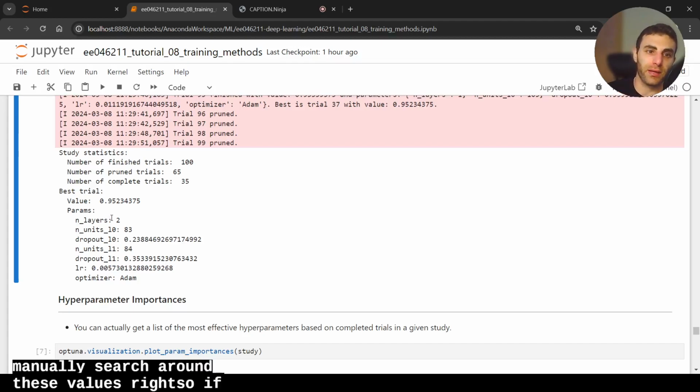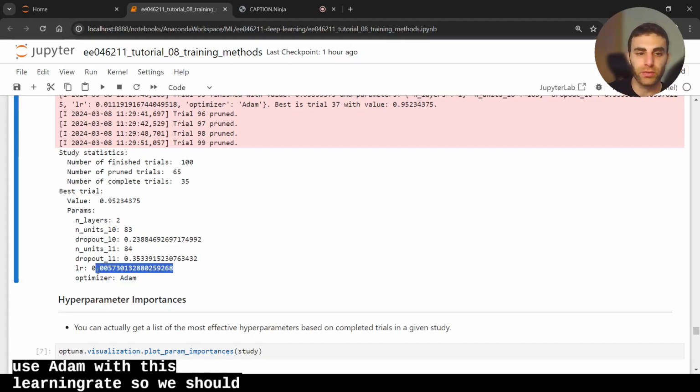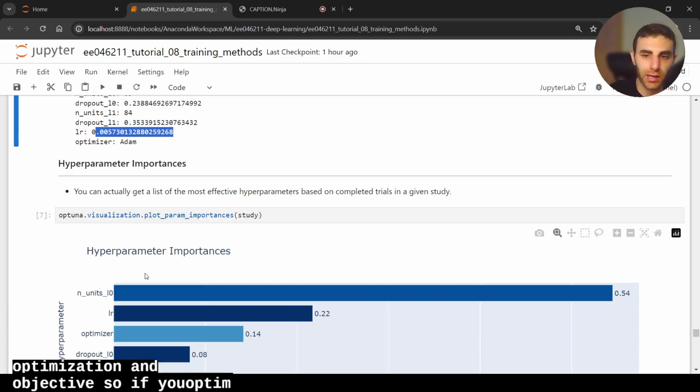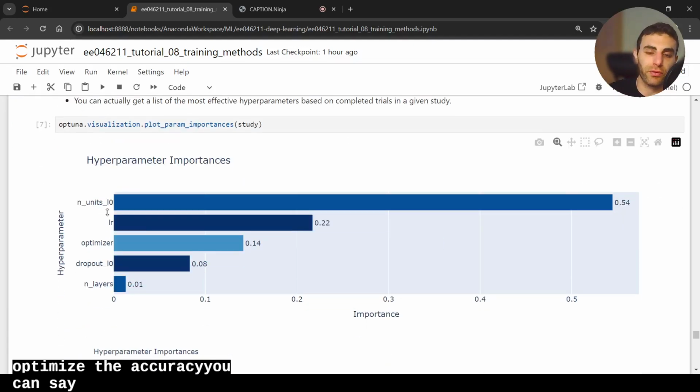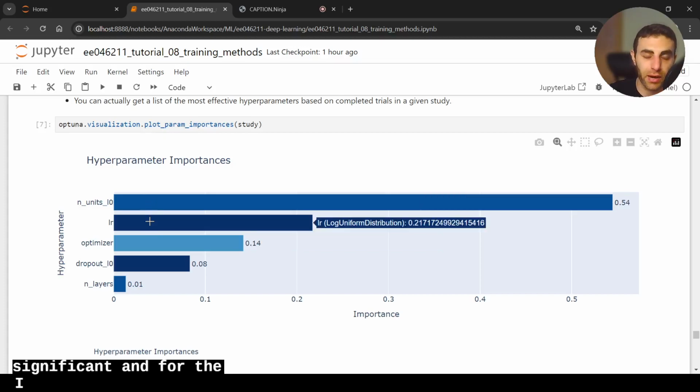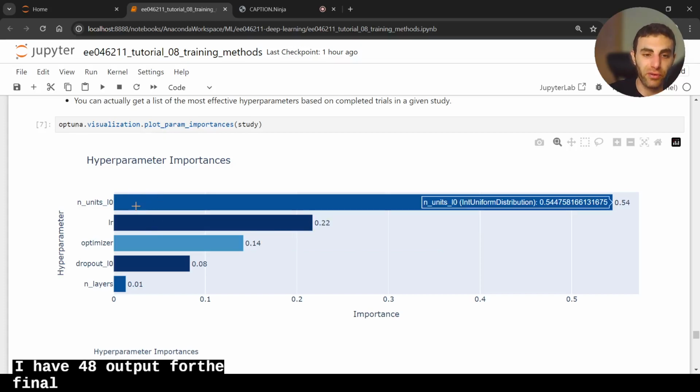So if it tells us to use Adam with this learning rate, we should look around these areas. Optuna also helps us understand which hyperparameter was important for the optimization objective. If you optimize the accuracy, you can see that the number of units and the learning rate were very significant for the final performance, right?